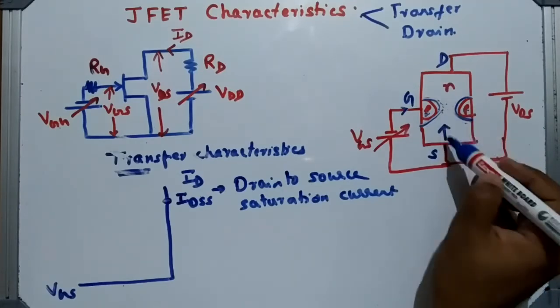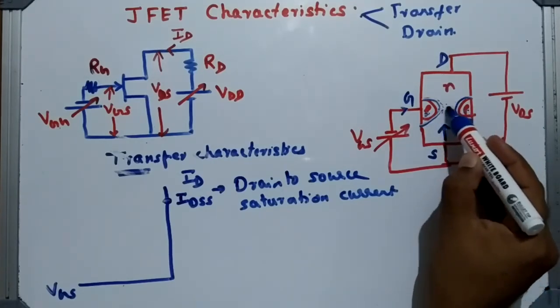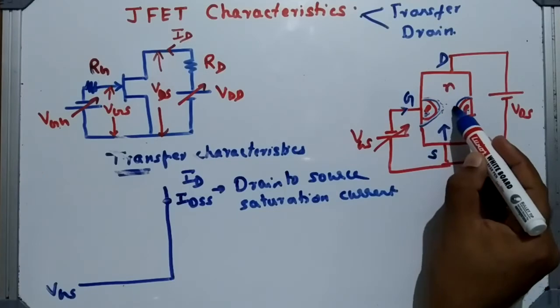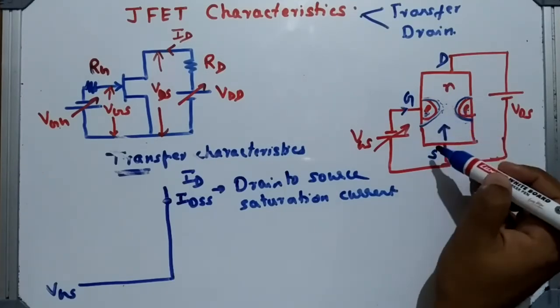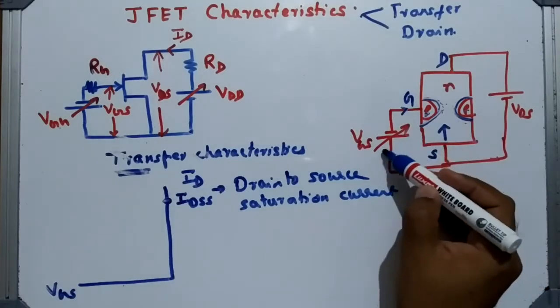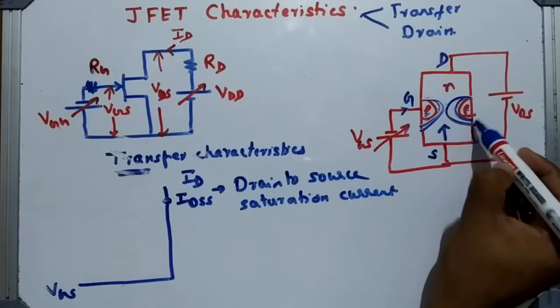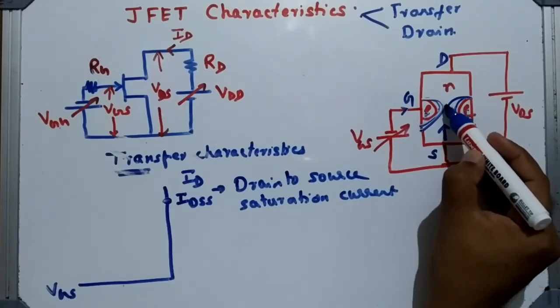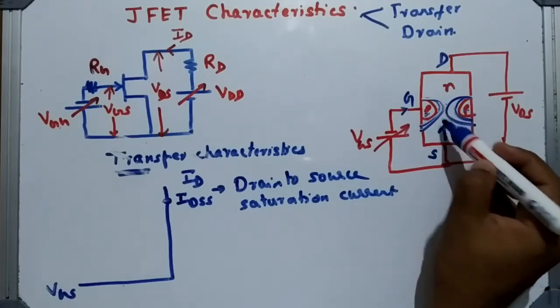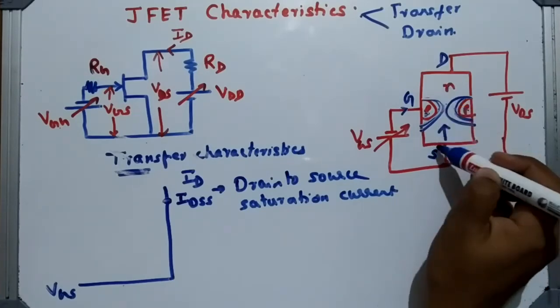Now the current will decrease because now the electrons should pass through this channel which is having lesser width. As you increase VGS in the negative direction, the width of the depletion region widens and the channel width will decrease. Thereby the current will decrease.